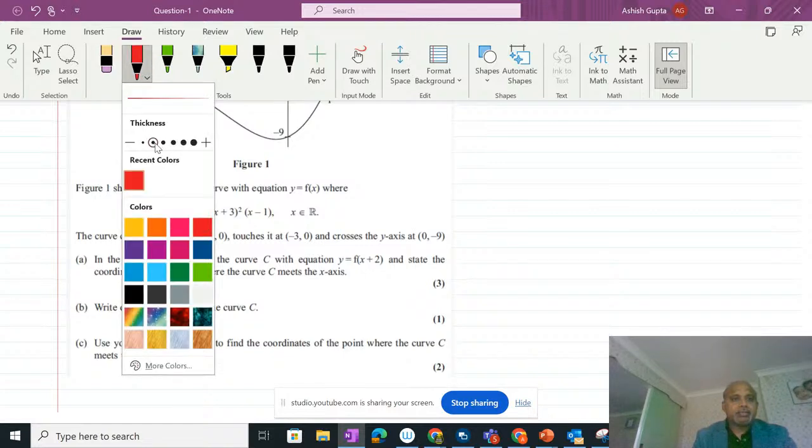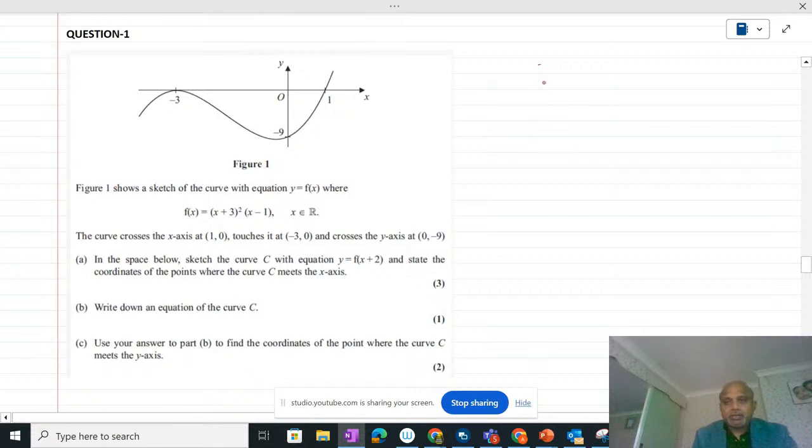Let's take year 13, you can revise with this here. If y equals (x minus 1)(x plus 1)(x minus 2), it is a cubic function. First of all, you can find the critical points.